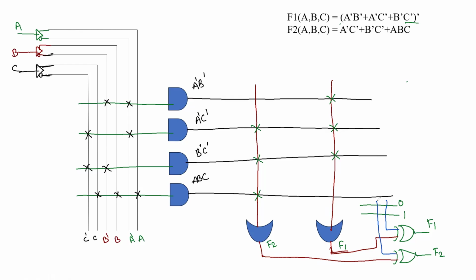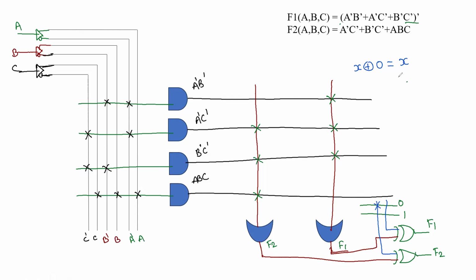Now we are going to see which XOR gate should be connected to 0 and which XOR gate should be connected to 1. In case of XOR, we know that if X is the one input and XOR with 0, that is going to give us output X. So F2 is our same function, so this should be connected to 0.